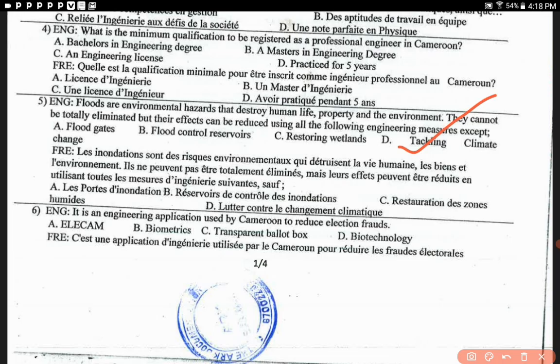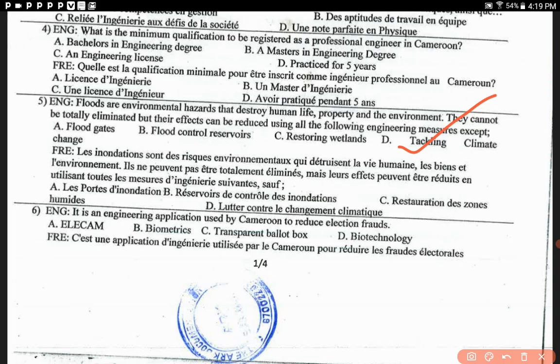Wetland restoration is a nature-based infrastructural approach, and then it is often designed or at least guided by engineers. So you now see that whether we are talking about floodgates, flood control reservoir, or restoring wetlands, they are engineering, they are related to the activities of engineers. But in tackling climate change, it has to do with policies.